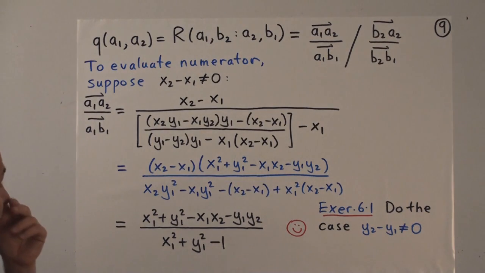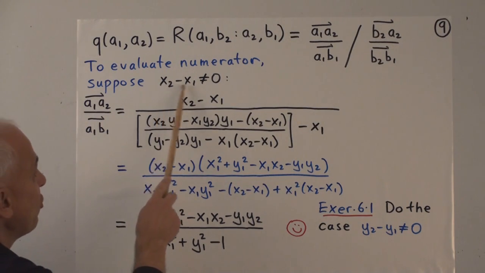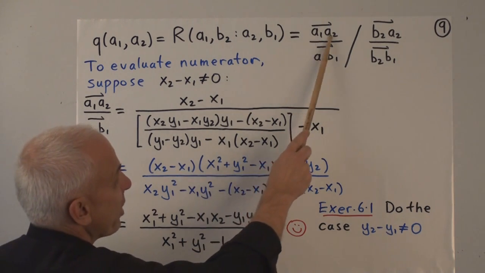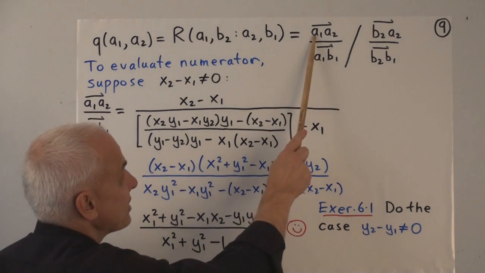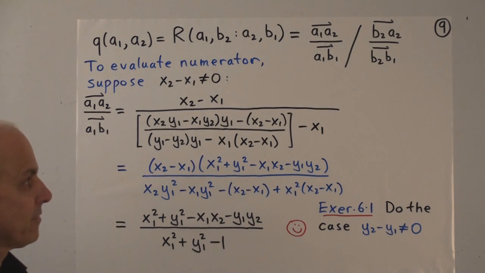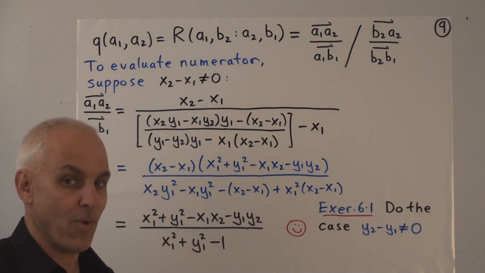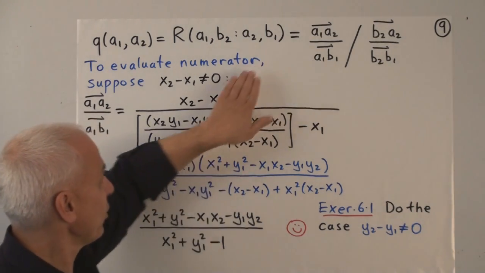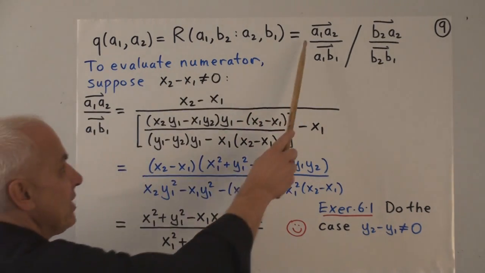So let's suppose, for the sake of argument, that x2 minus x1 is not equal to 0. In other words, that in this numerator here, the x coordinates of A1 and A2 are different. If they were the same, then we would have to do this argument with the y components. But we're going to look at the x components of these 2 vectors.